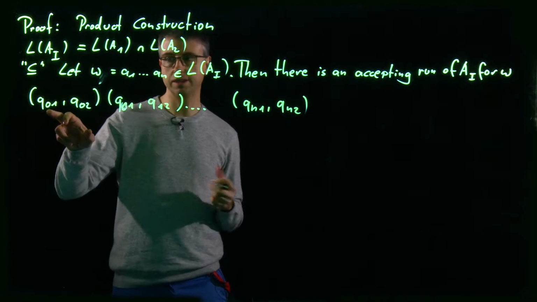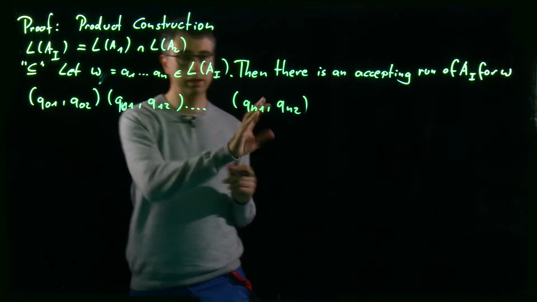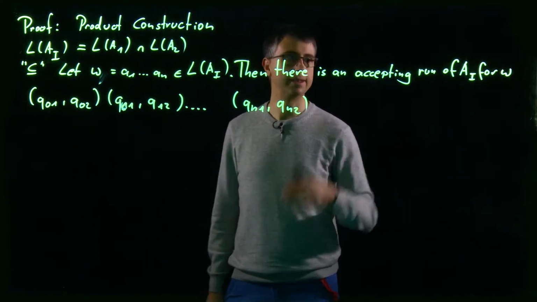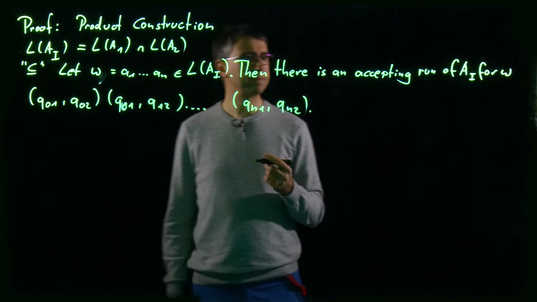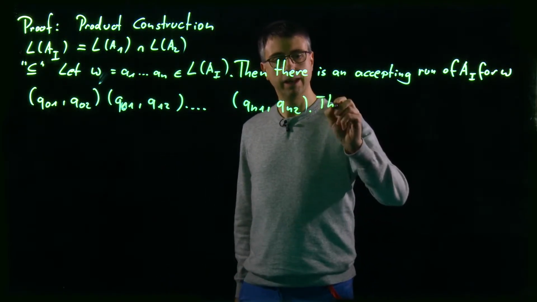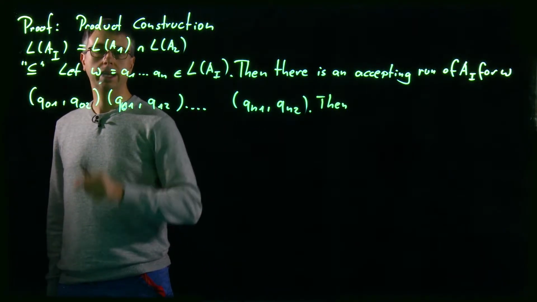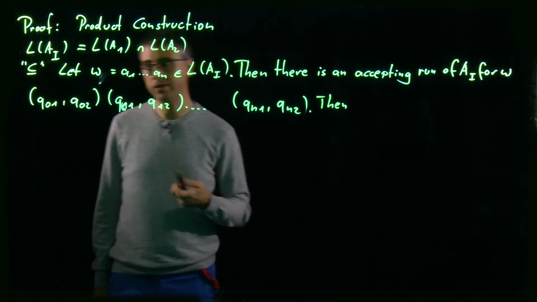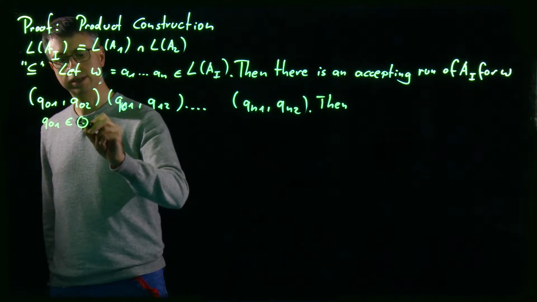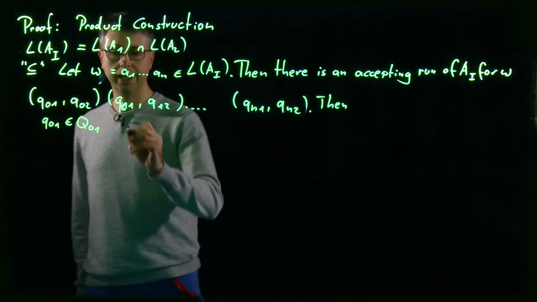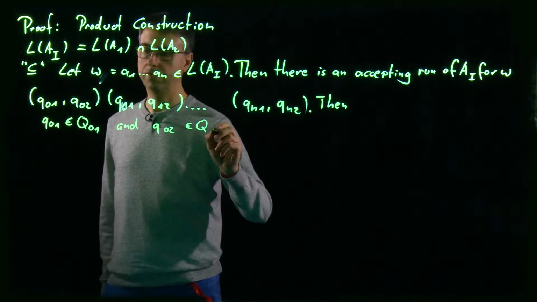Remember, the first component was the state of the first automaton, the second component was the state of the second automaton. And the sequence is an accepting run for this W. So that's the assumption. And as the run is accepting, then we know something. The first thing we know is that q01 and q02 are initial states of A1 and A2. Then q01 is an initial state of the first automaton, and q02 is an initial state of the second automaton.